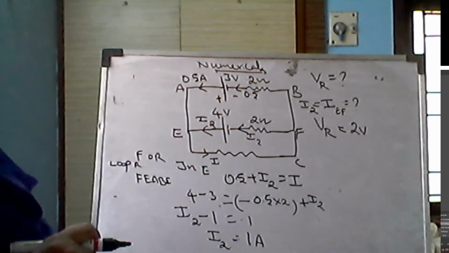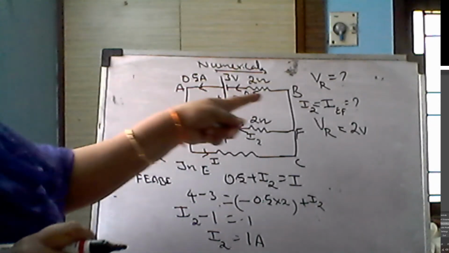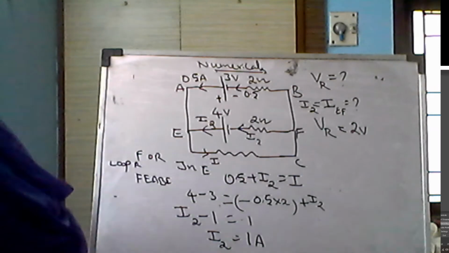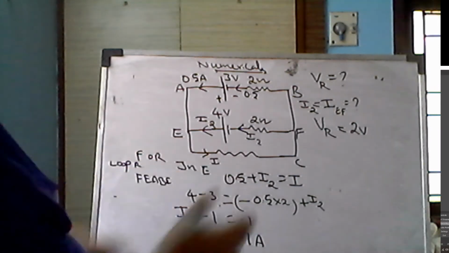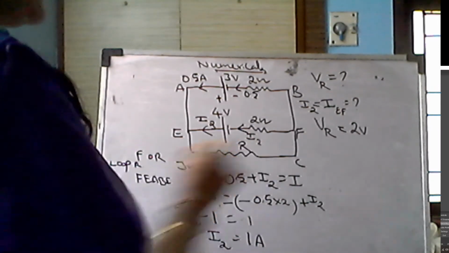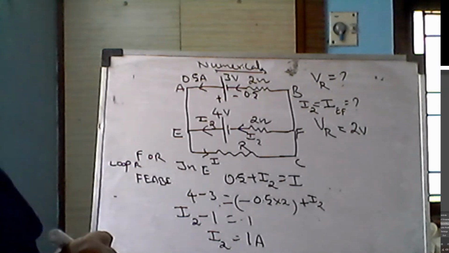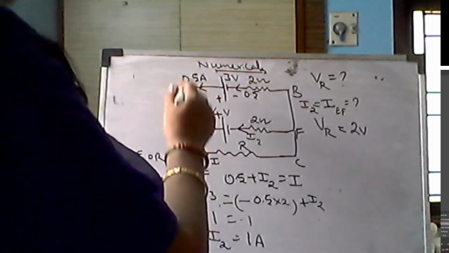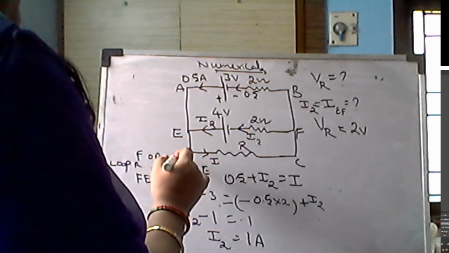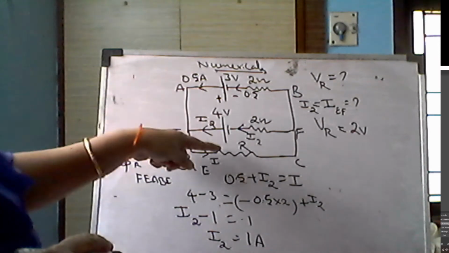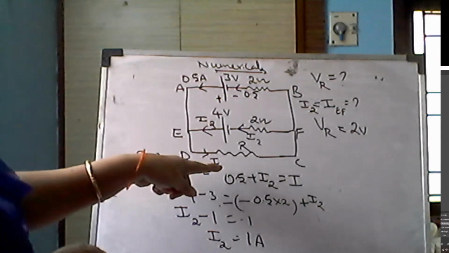So you have to find it like this. Whenever you are finding out, this is at high potential and this is at low potential. First we found the voltage across R, the unknown resistance. Here are A, B, C and D, E, F. Two batteries and one resistor are given.